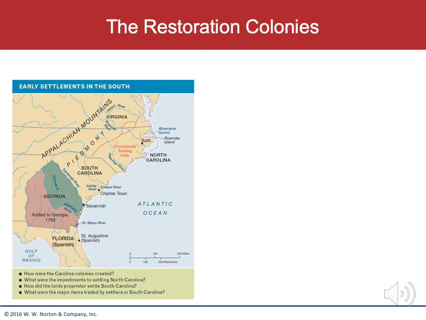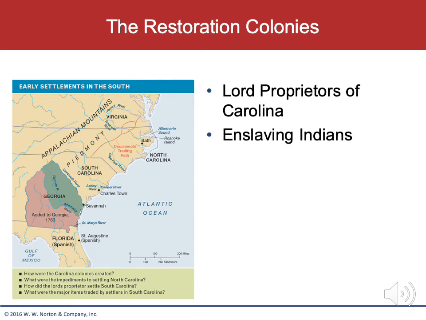So now they became dependent on the British for trade, for things like guns, and then, unfortunately, also for liquor. So enslaving Indians and selling Indians into slavery becomes an actual market for these colonists.